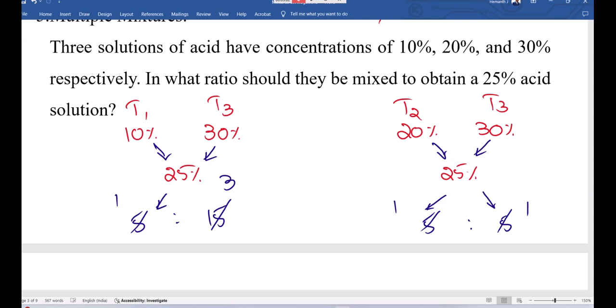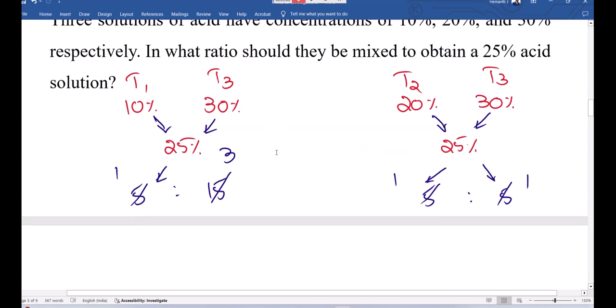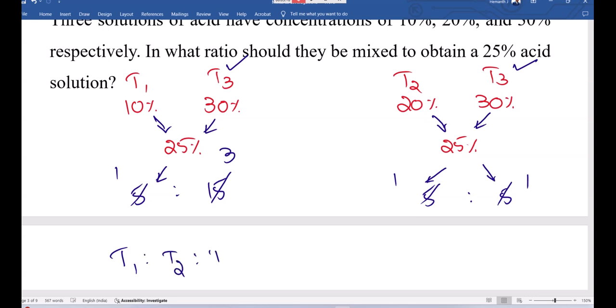Now the joint ratio, combined T1, T2, T3, if you want to do. T3 is here and here common, we need to add. This is mixing, adding. It's not some other concept. This is mixtures and alligation. T1 is 1, T2 is 1, T3 is 3 here and 1 here. We have to add, it's 1 and 1 and 4.